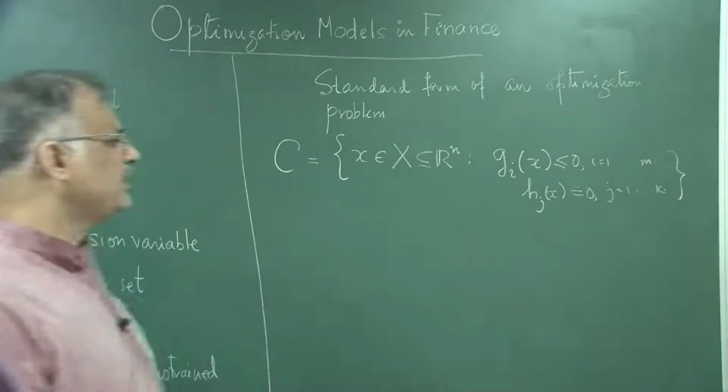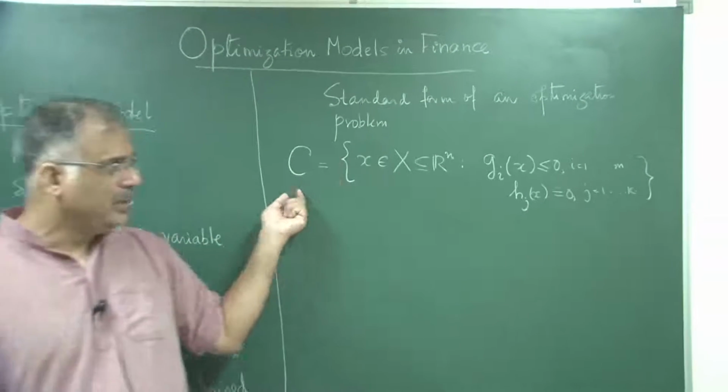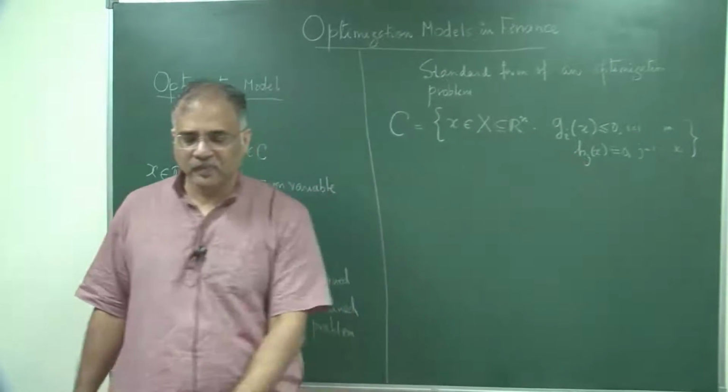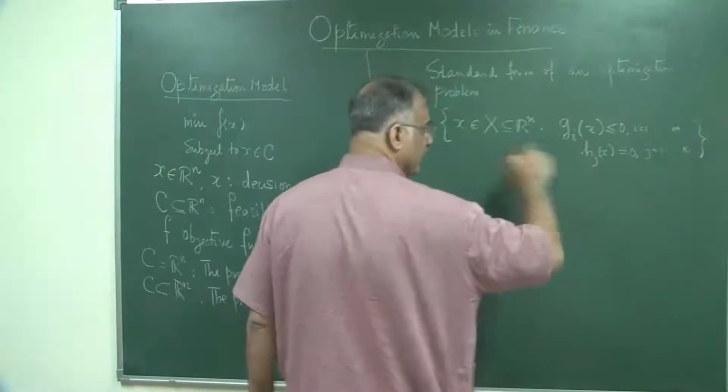I will only consider a vector x in R^n to be in the set C if it belongs to this given set X and also satisfies all these inequalities and equalities simultaneously.